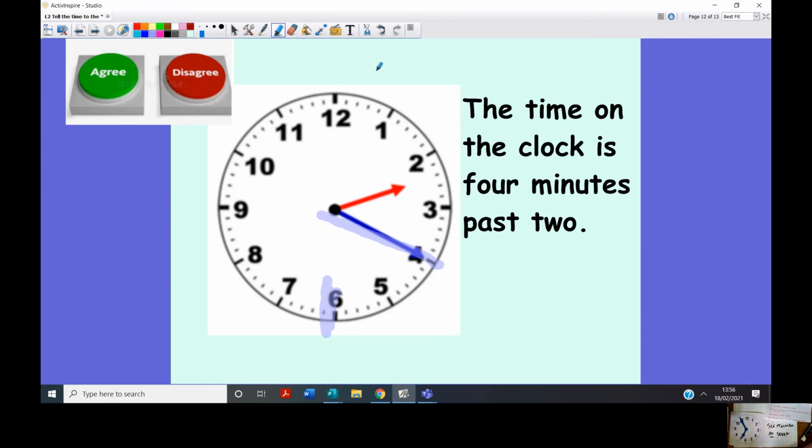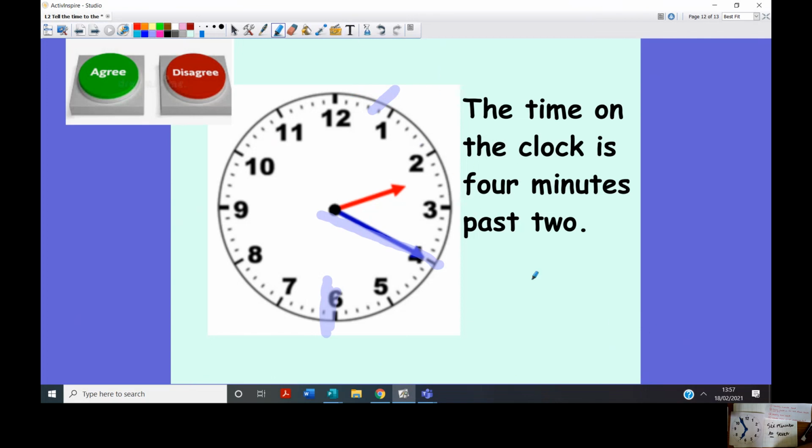If it was 4 minutes, 1, 2, 3, 4. There is where my minute hand would need to be if it was 4 minutes past 2. What is it actually? 5, 10, 15, 20.